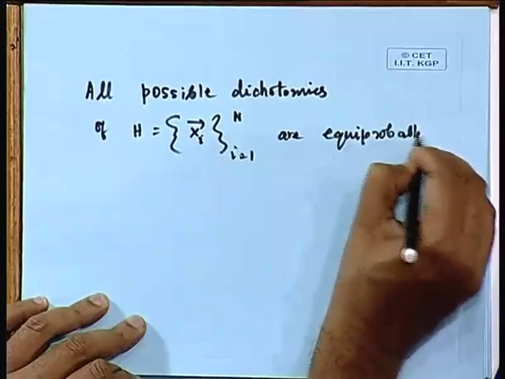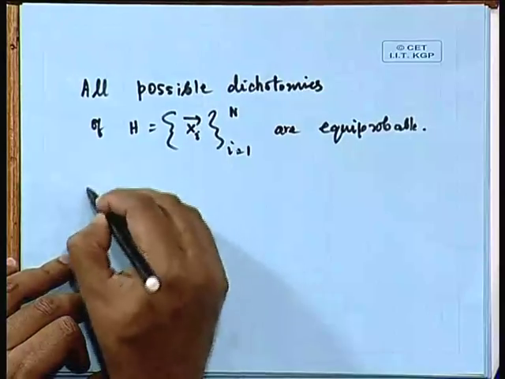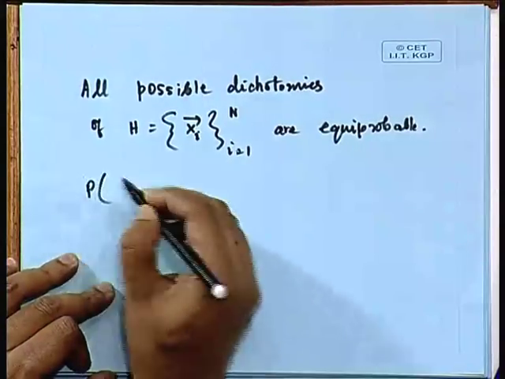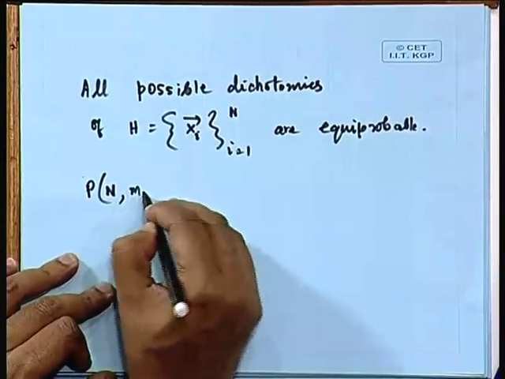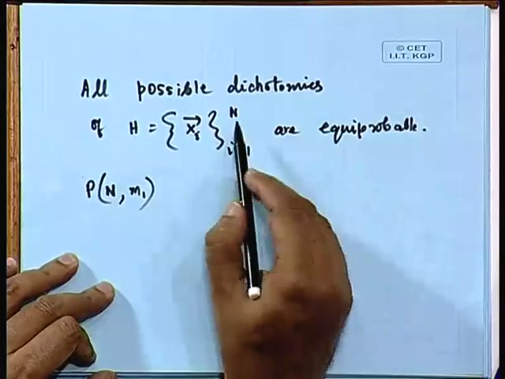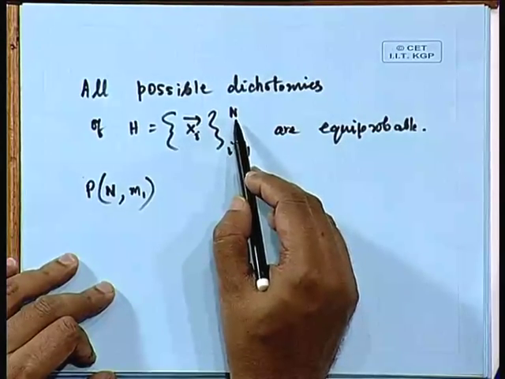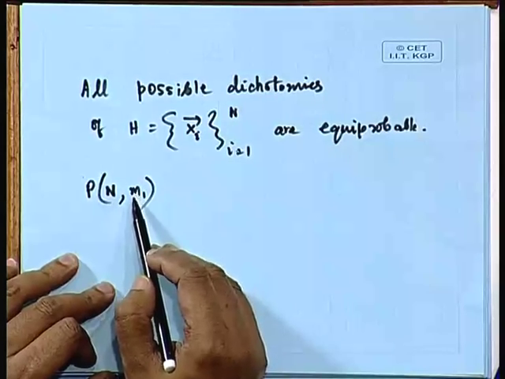That is what he assumed. And then he defined a probability P(n, m1). Why n comma m1? Because we have n number of patterns which are mapped into an m1 dimensional space.